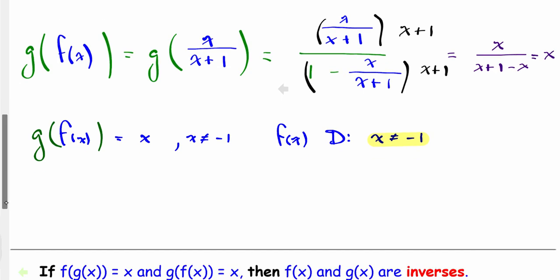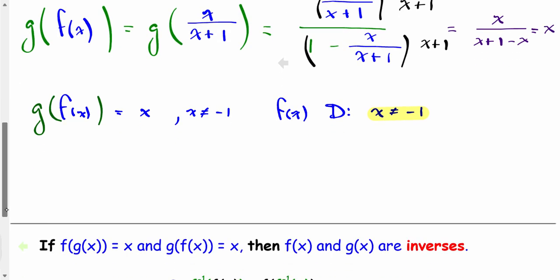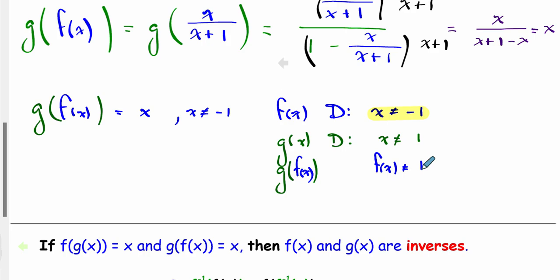And then I'll look at my g of x function. And its domain was that x couldn't equal +1. But again, what I'm interested in is g of f of x. So f of x can't equal +1.